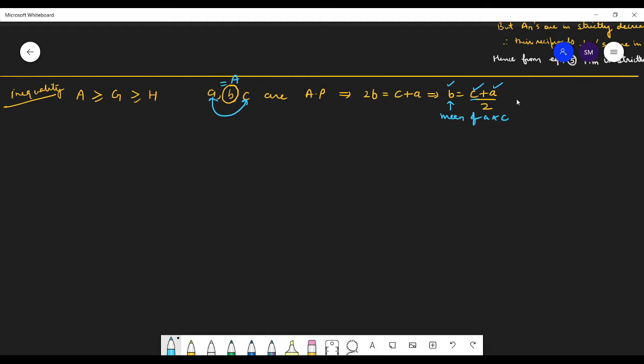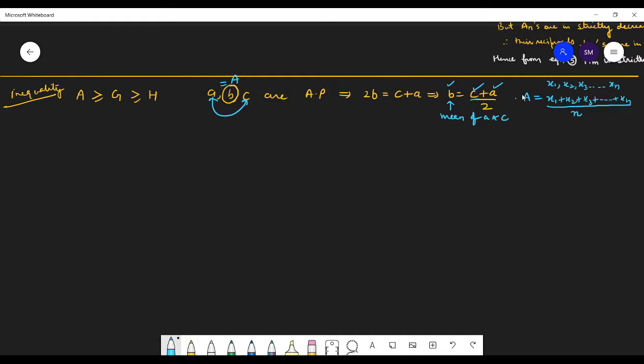And suppose I want to write the arithmetic mean in the general equation, for variables x1, x2, x3 and so on up to xn, then x1 plus x2 plus x3 up to xn, I need to divide by n.